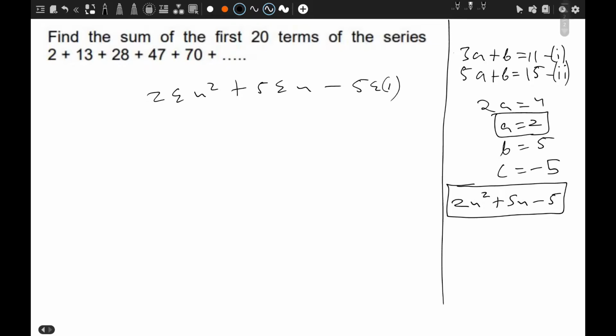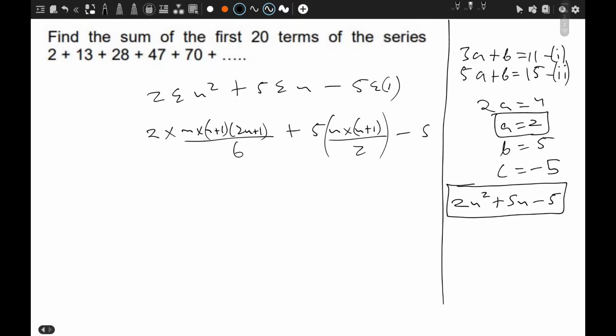That is 2 into the formula for the summation of squares of the first n natural numbers, which is n into n plus 1 into 2n plus 1 by 6, plus 5 into n into n plus 1 by 2, minus 5 into the number of terms, that is 20.